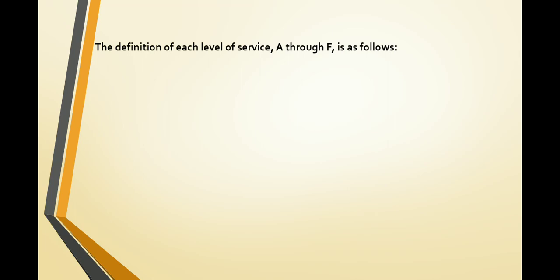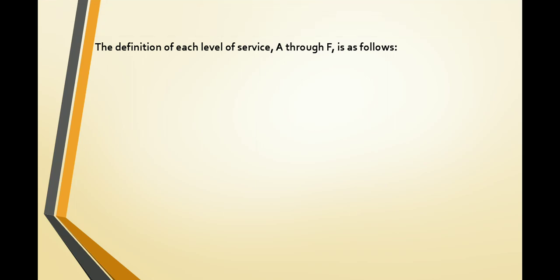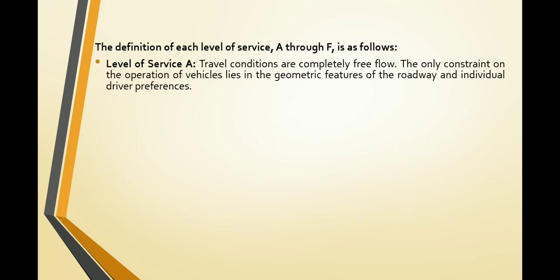The definition of each level of service A through F is as follows. Level of service A, travel conditions are completely free flow. The only constraint on the operation of vehicles lies in the geometric features of the roadway and individual driver preferences.